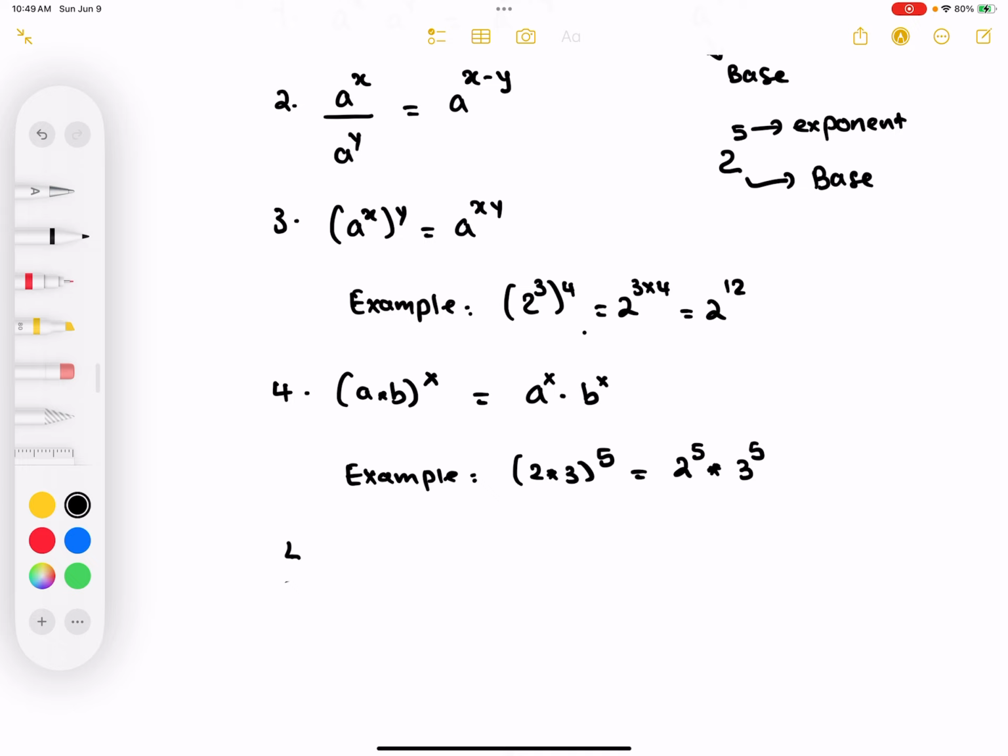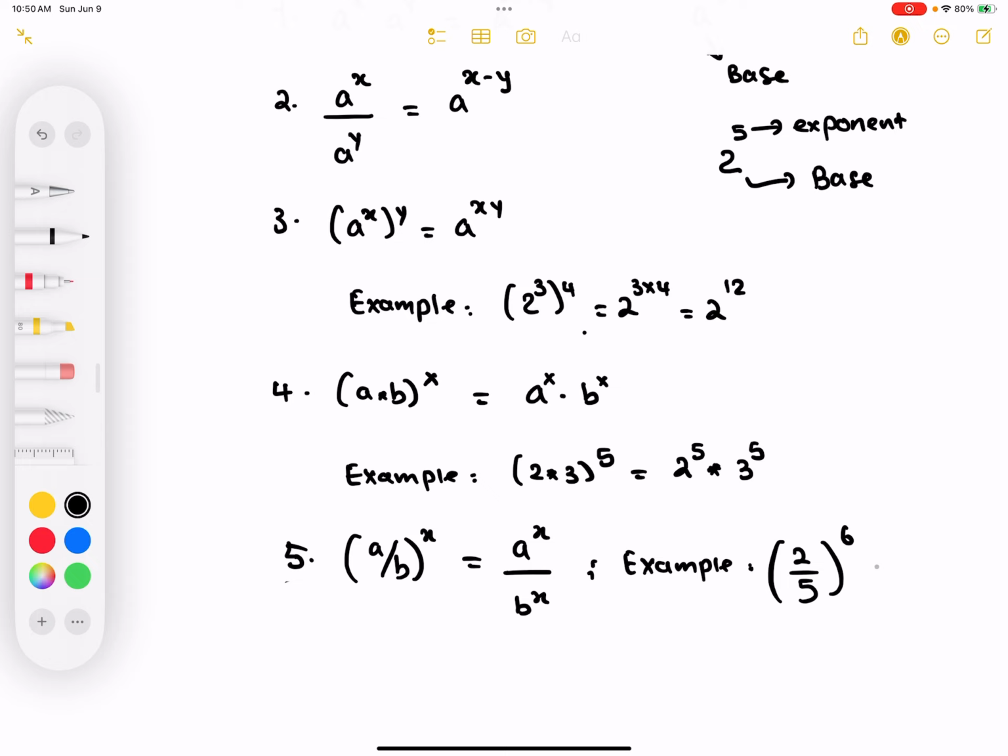Number 5, let's say division, a divided by b with the same exponent, you can attach the exponent to each base. For example, 2 over 5 to the 6 can be 2 to the 6 over 5 to the 6.